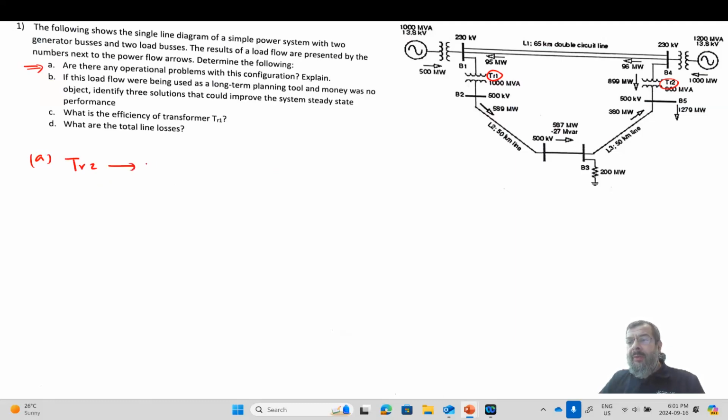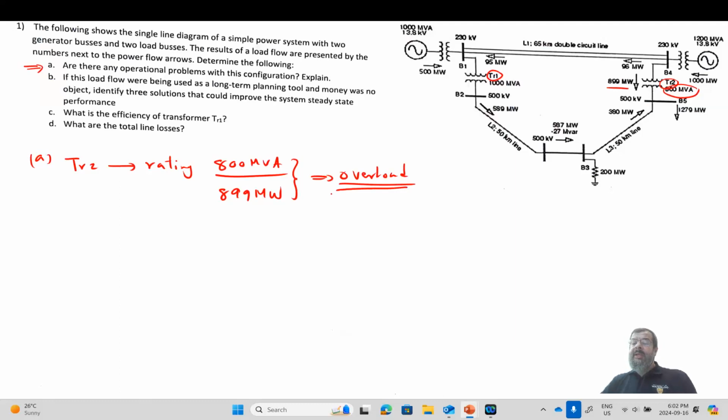The transformer rating, meaning the maximum power that you can pass through the transformer, was 800 MVA. However, the power that goes through the transformer is 899 megawatt. So there is a very clear overload in this transformer.